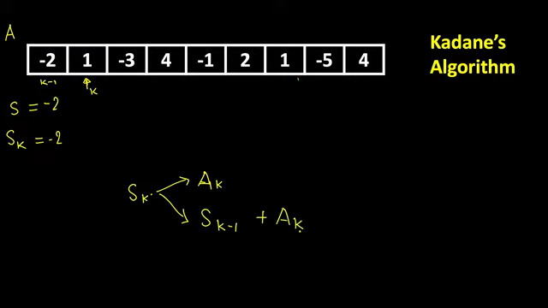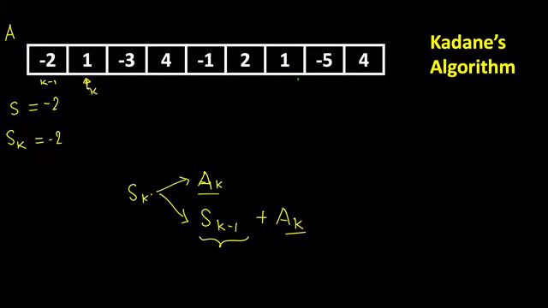So whether or not to include the best subarray ending at the previous one will depend on which one is greater. If this is, let's say, less than 0, then there is no use of including it. It will deteriorate our solution. So we will pick just AK.